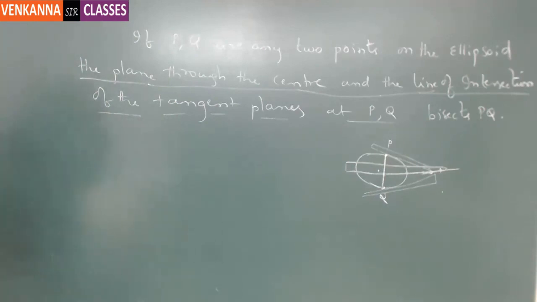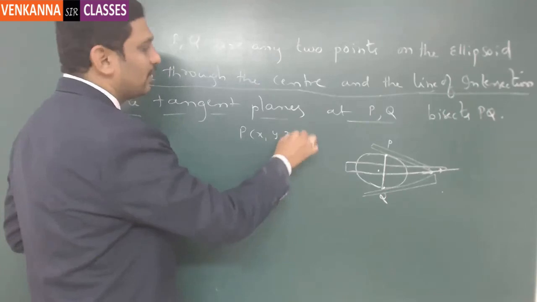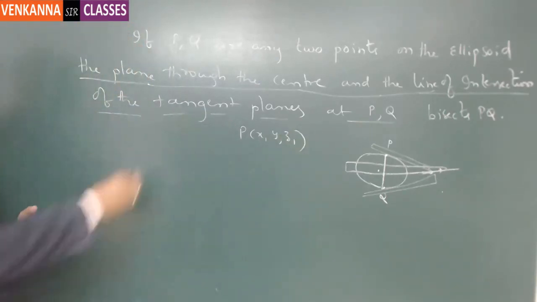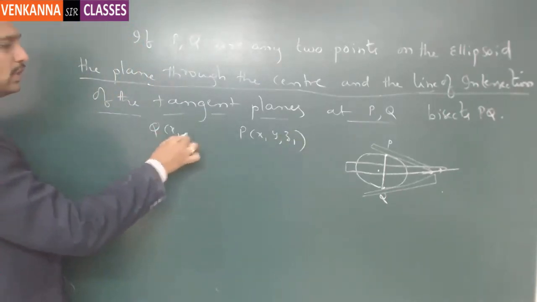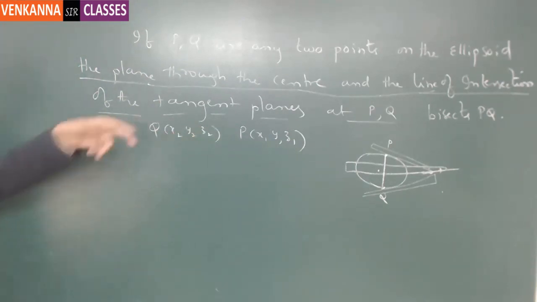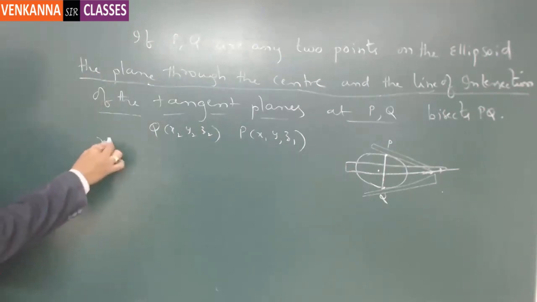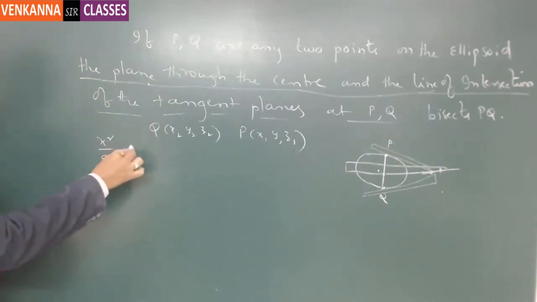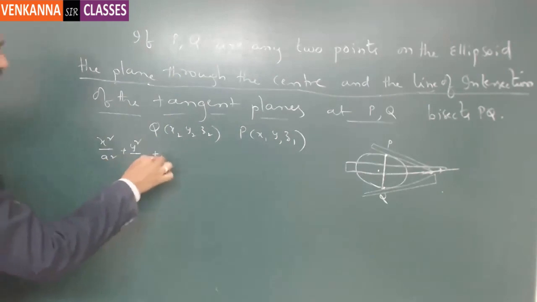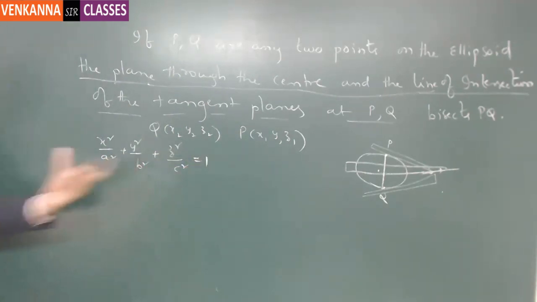So let us take that P(x1, y1, z1) is one point, and Q(x2, y2, z2) is another point, which are taken on the ellipsoid x square by a square plus y square by b square plus z square by c square equal to 1. This is my ellipsoid.